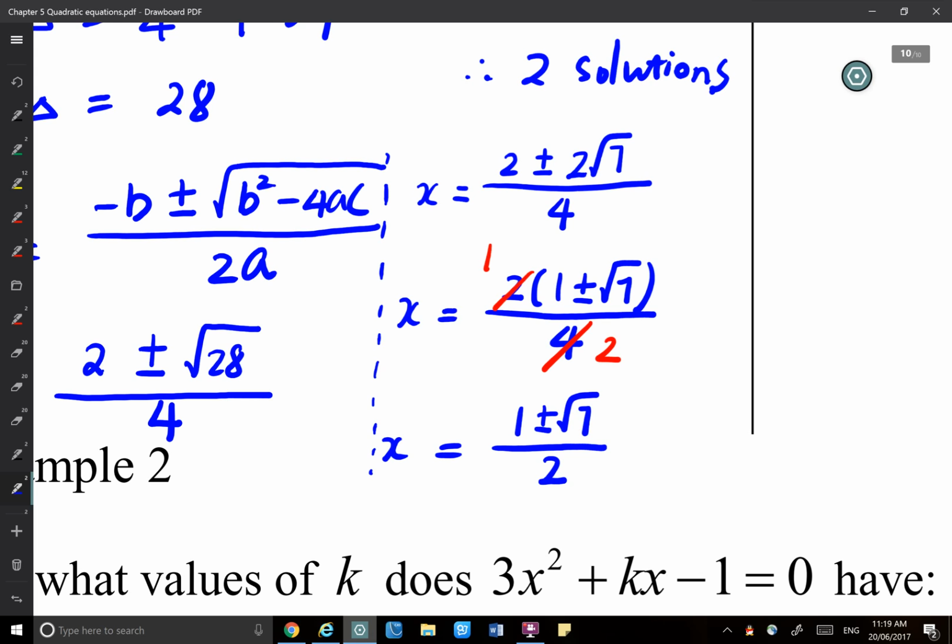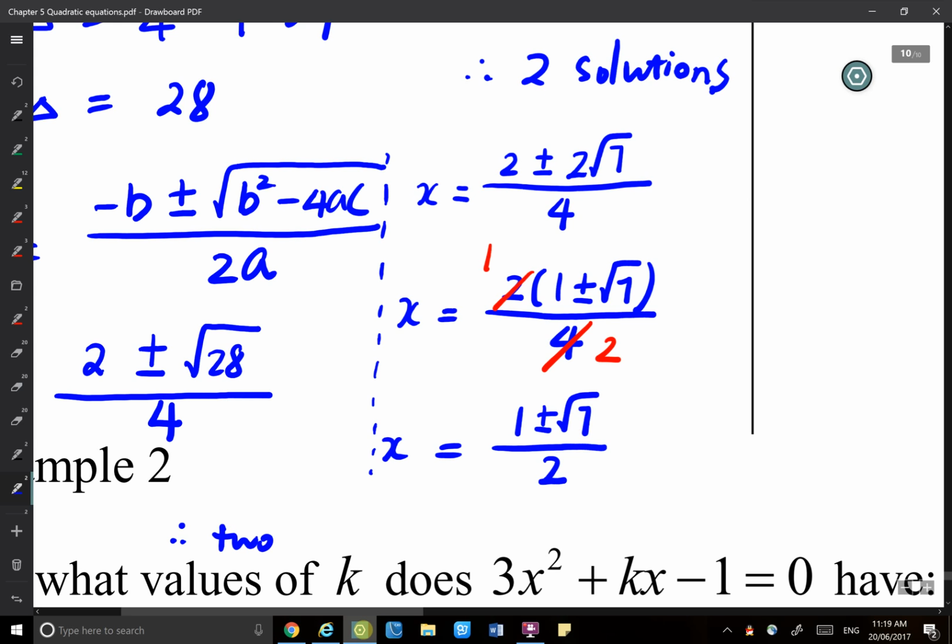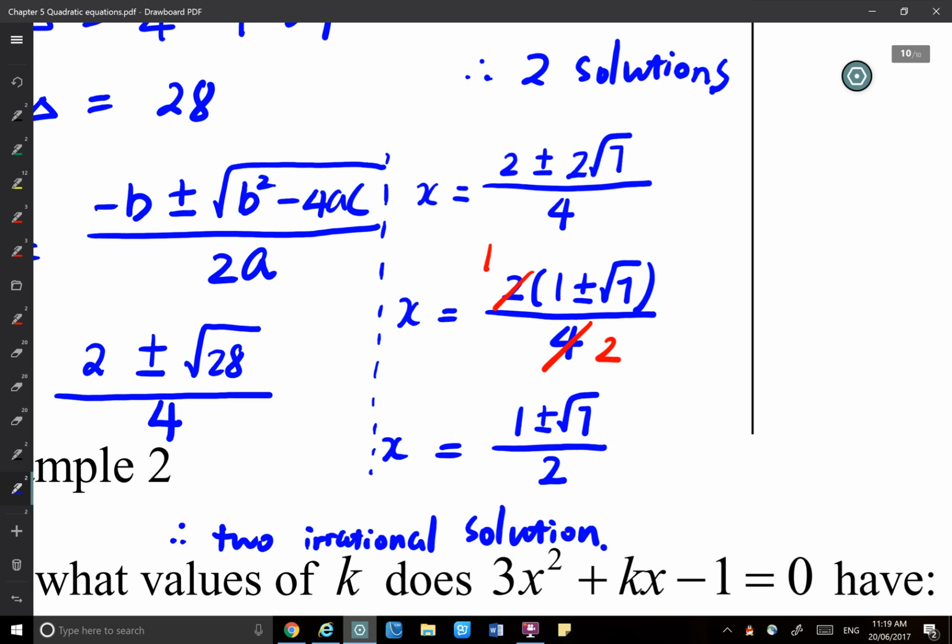So how many solutions are there? 2. Are they rational solutions or irrational solutions? Irrational solutions. So I have 2 irrational solutions. Okay, what can decide whether it's a rational or irrational solution?